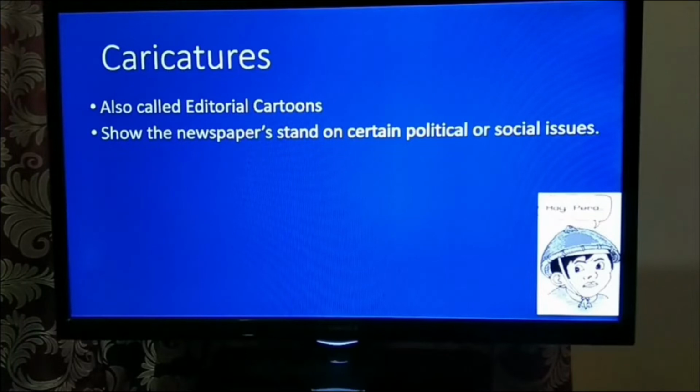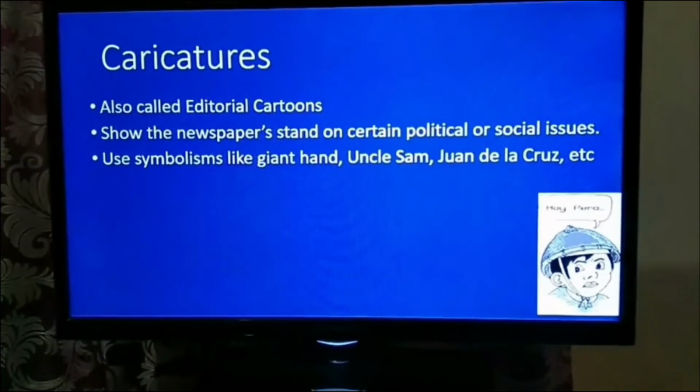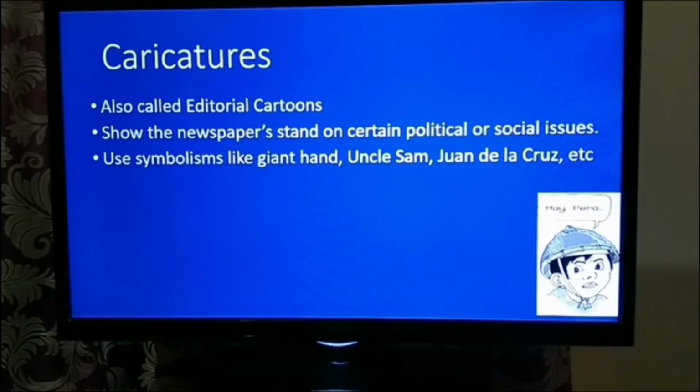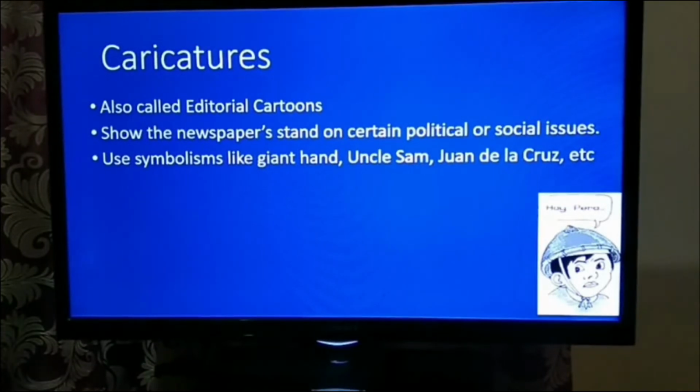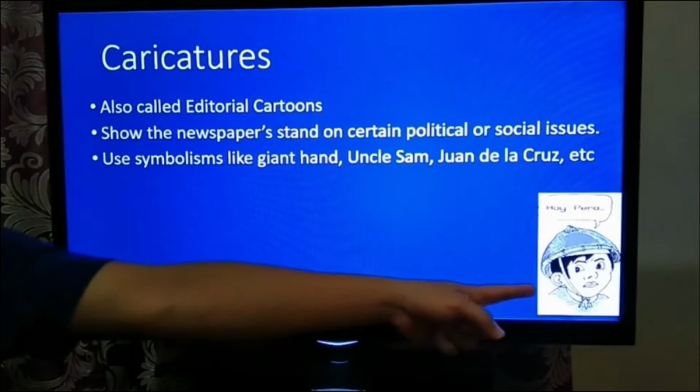And these cartoons use symbolisms like maybe a giant hand, the Uncle Sam character, and the Juan de la Cruz character. Now, Uncle Sam is the personification, the symbol of the United States of America, and later on you will see how he looks. While our version of Uncle Sam is Juan de la Cruz, this guy over here.